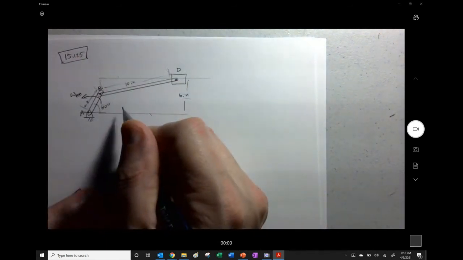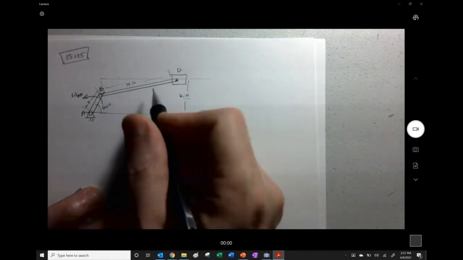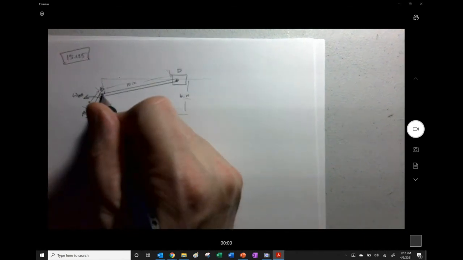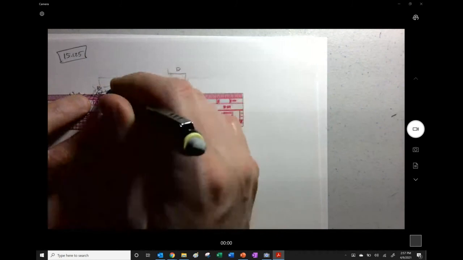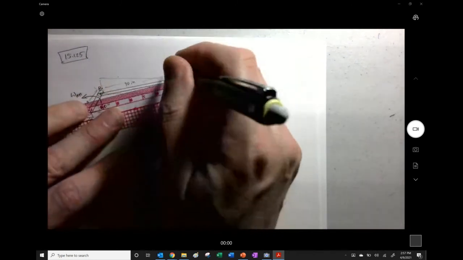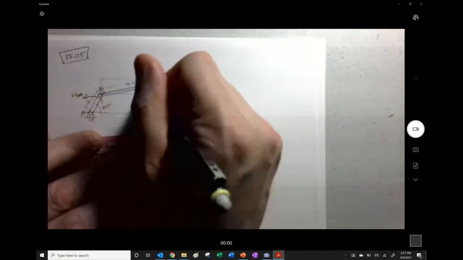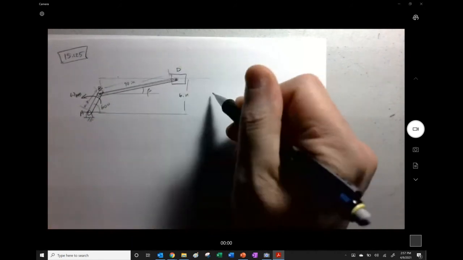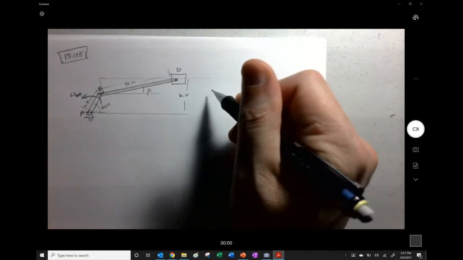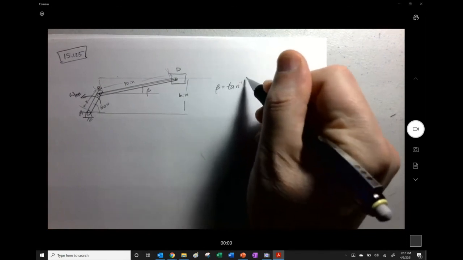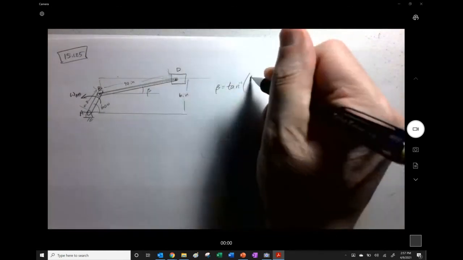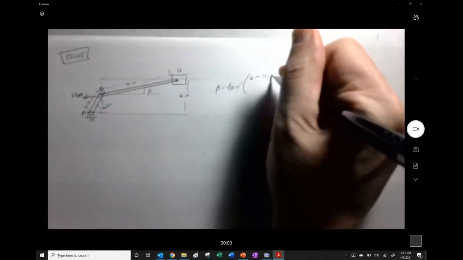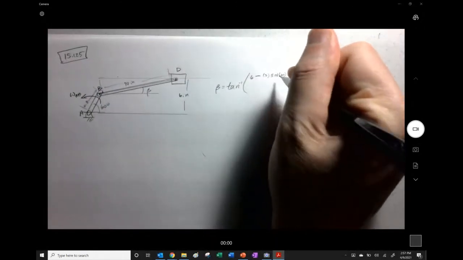And okay, so I'm going to do a little bit of geometry right here. Figure out what this angle is going to be. I'm going to call that beta. So beta is going to be the inverse tan of rise, which is going to be 6 minus 3 times the sine of 60.